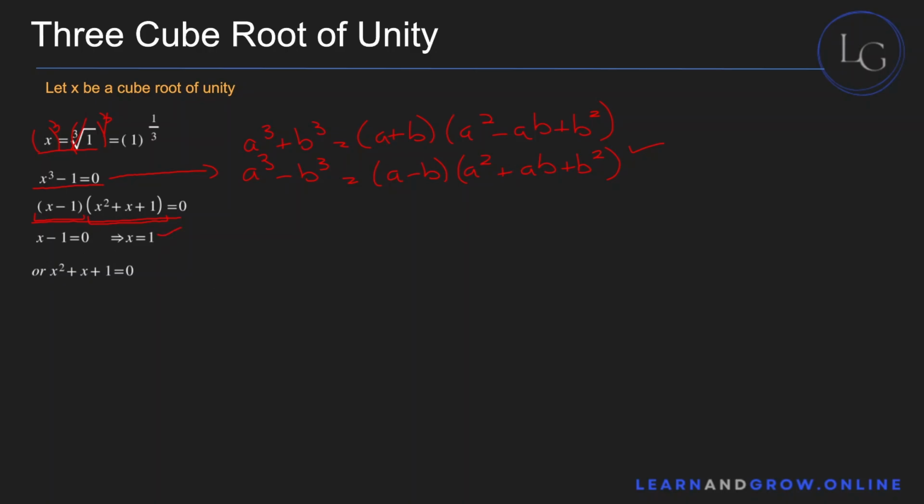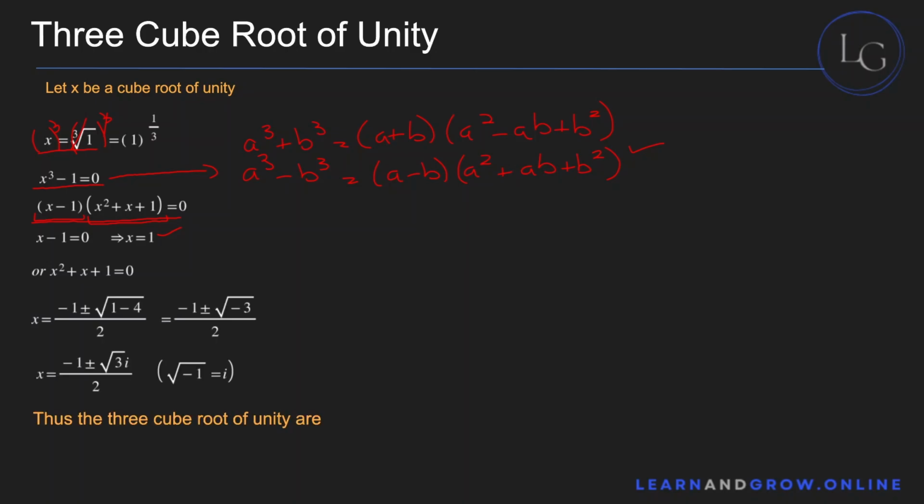And you'll find the values of x by applying the quadratic formula over here. And so you'll get this. And obviously these are two values. One is the value of x in which this term is positive, and the other one is the value in which this term is negative.